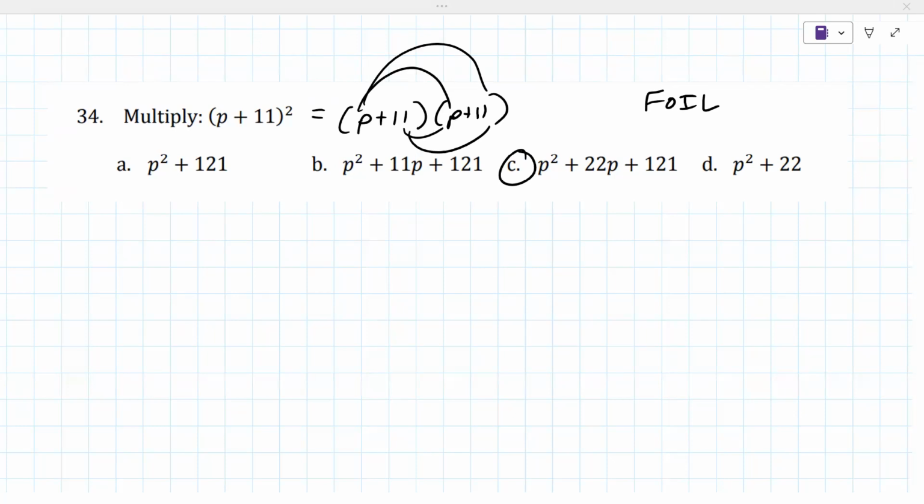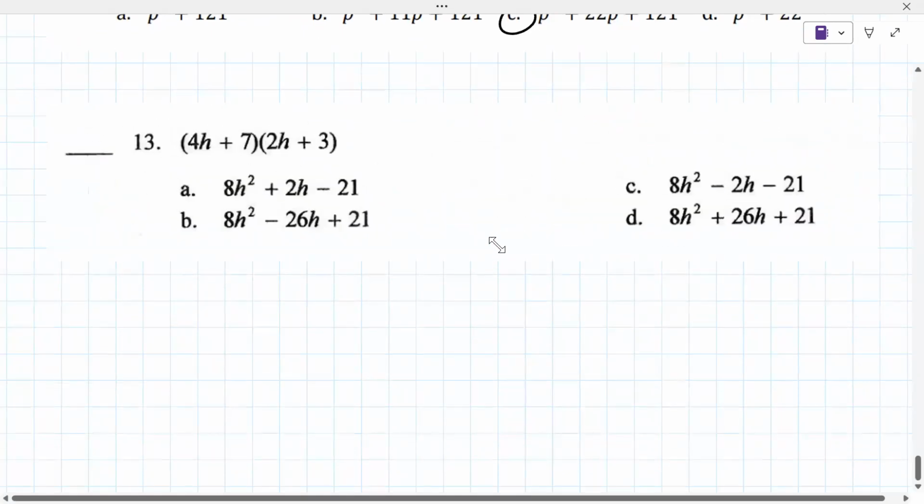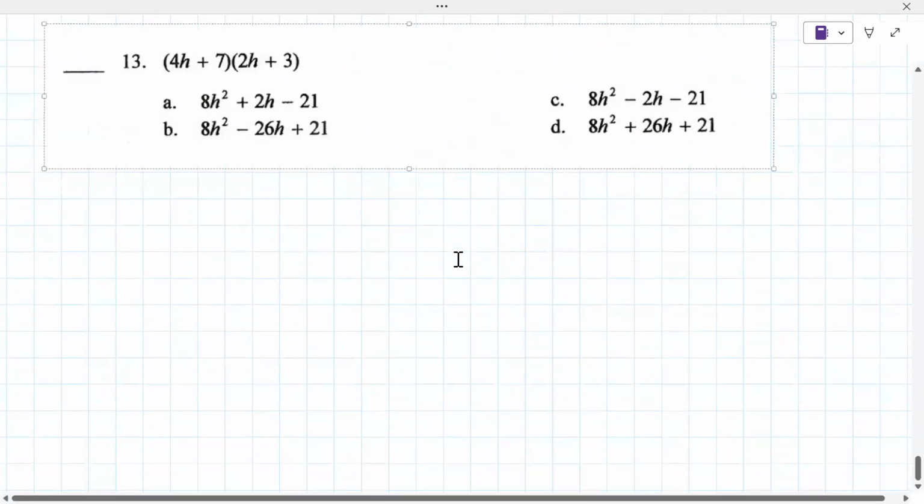All right. So let's do a slightly more difficult one here. Go ahead, this one says to FOIL.